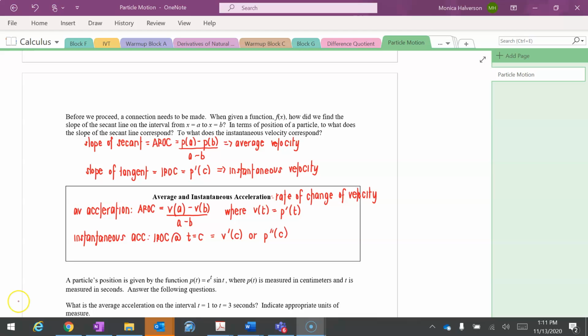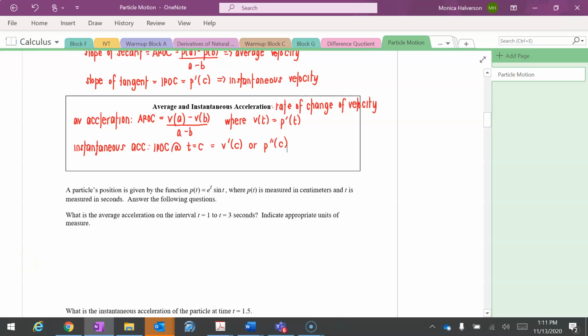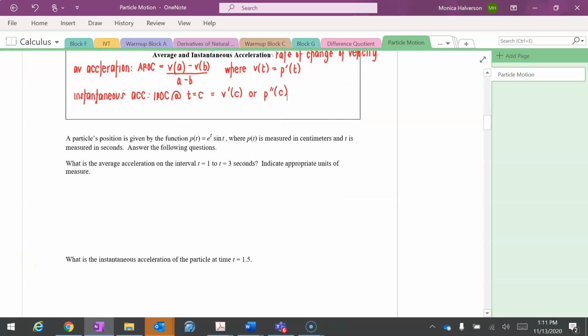Okay? So if we go back to our problem that a particle's position is given by the function p of t is equal to e raised to the t power sine t, where p of t is measured in centimeters and t is measured in seconds, we need to answer the following questions. So the first question is, what is the average acceleration on the interval from t equals 1 to t equals 3? And the second question is the instantaneous acceleration.